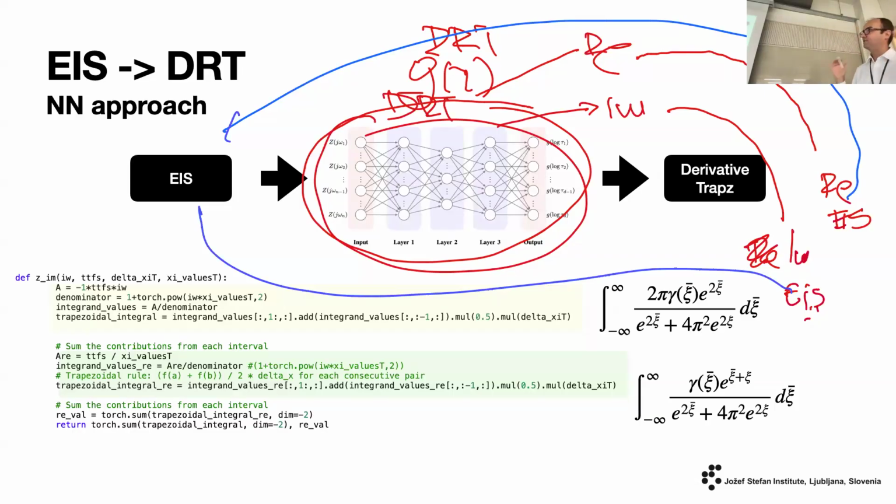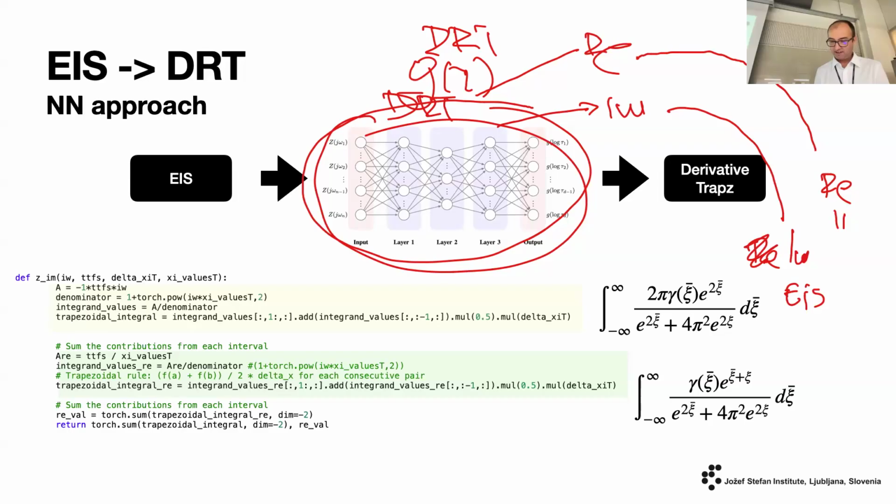So all we have to do is the following. We have to define a certain neural network and integrate this neural network using these 2 integrals. These 2 integrals are rather complicated, but let's divide them by parts. So what we have, this part here, this gamma is our neural network, and it comes here.